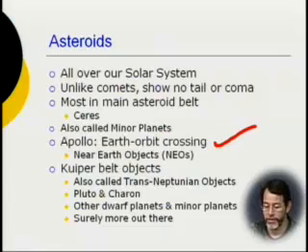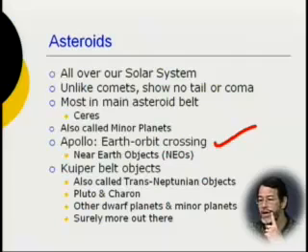The big problem with Earth-crossing asteroids is if they hit the Earth, and particularly if they hit the ocean near a seaboard where there's a city, then there could be a large tsunami, huge waves that go and destroy the city. We've had a big tsunami about a few years ago.